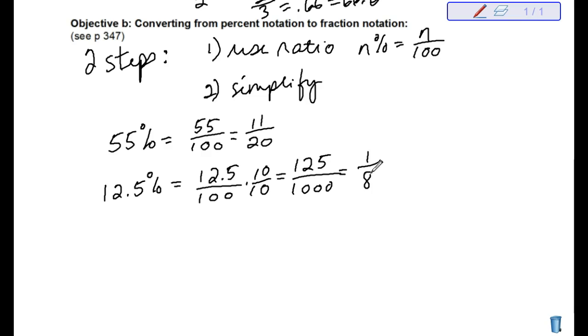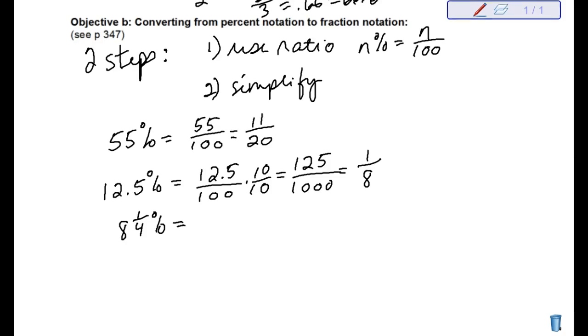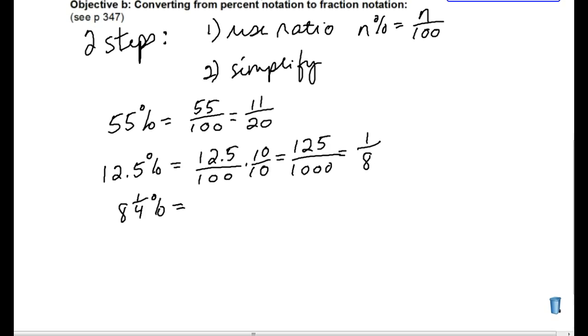Okay? Let's take 8.25%. Well, I need to do something with this quarter. I could take the 8.25 over 100, write it in its ratio form.